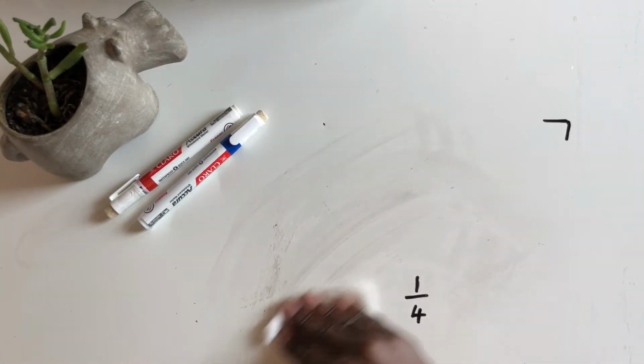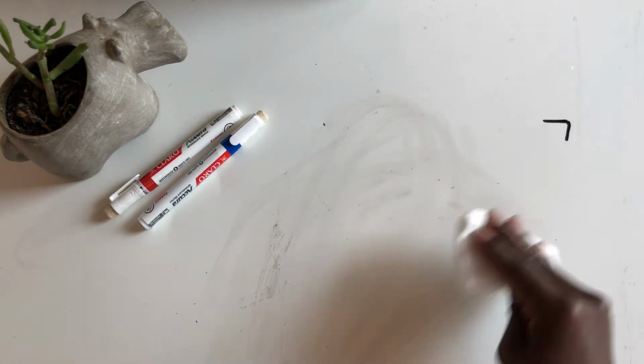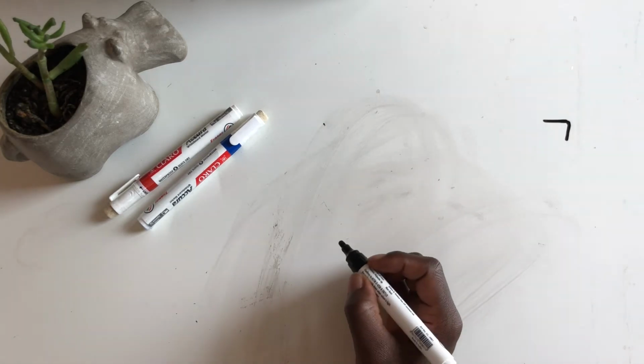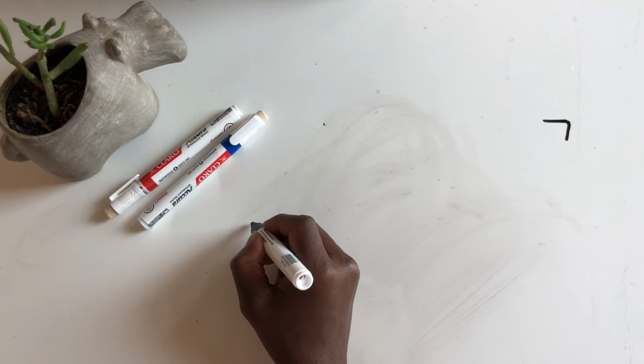Okay, so moving on, let's look at a few shapes. For example, a rectangle.